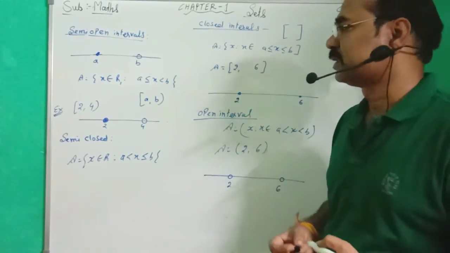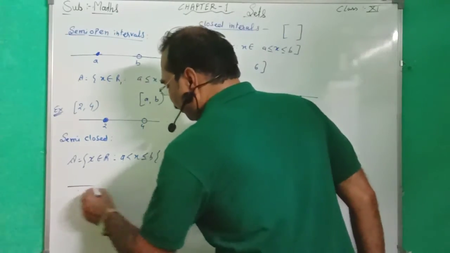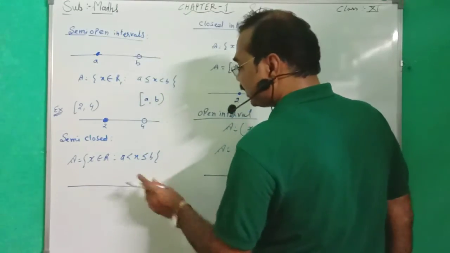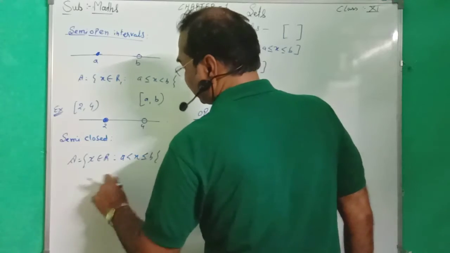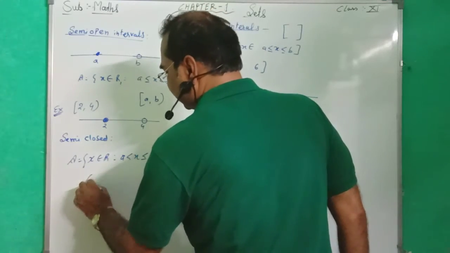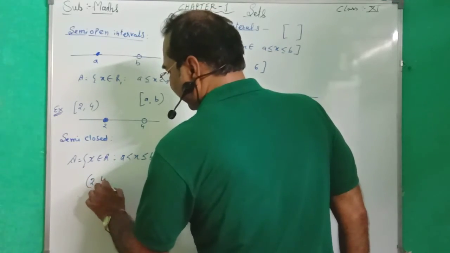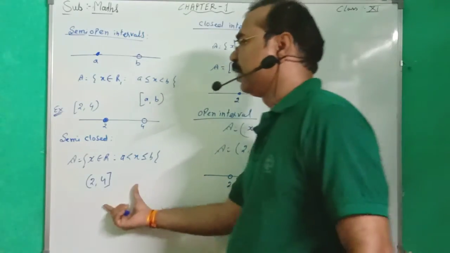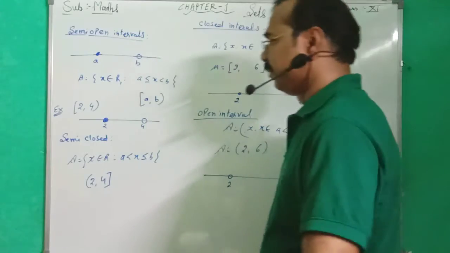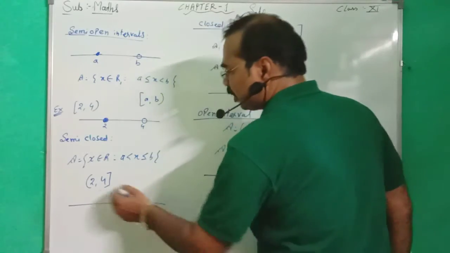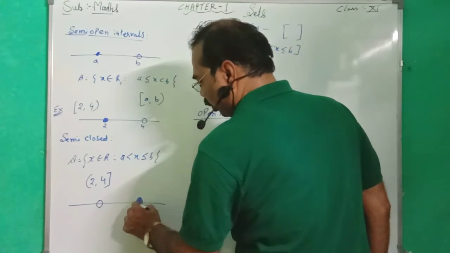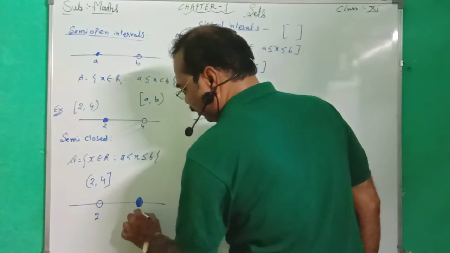Now we have to represent that in the form of a number line. How do we represent that? Yes, it is a very important question. Say it is 2 and 4, and this is how we represent the semi-closed interval. 2 is not included and 4 is included.